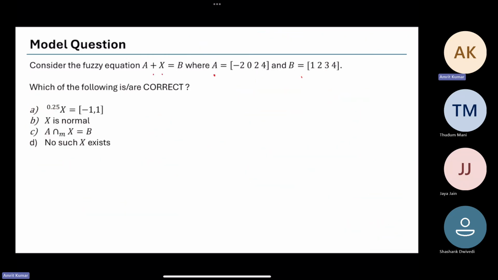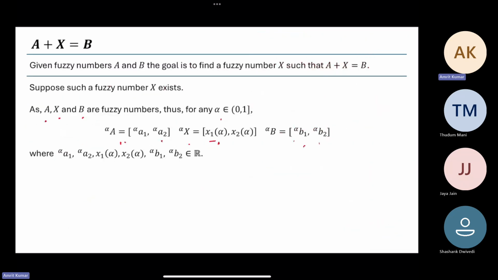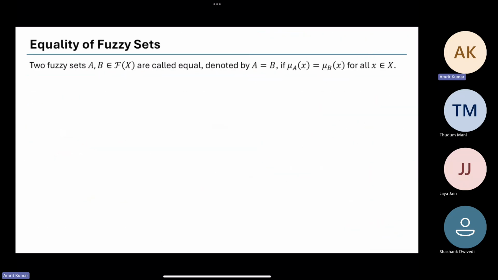So maybe I should have discussed this in the beginning. I had slides for that, but I did not use them. Whenever we have two fuzzy sets A and B over X, we call them equal, denoted by A equals B, when their membership functions coincide for every member of the universe. And you can show that two fuzzy sets A and B are equal if and only if all their alpha cuts for alpha greater than 0 are the same.